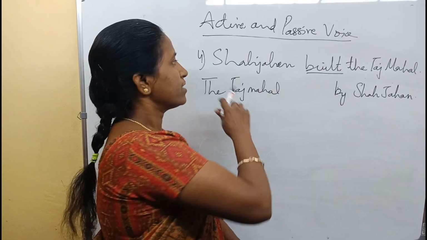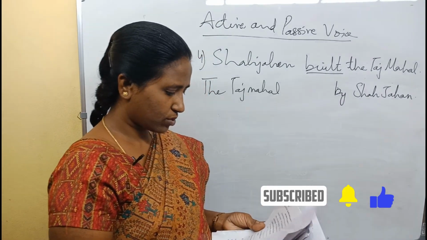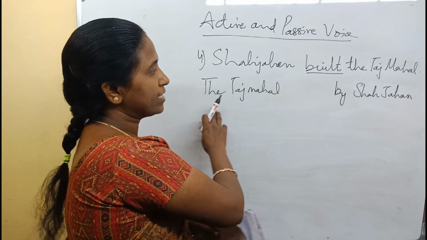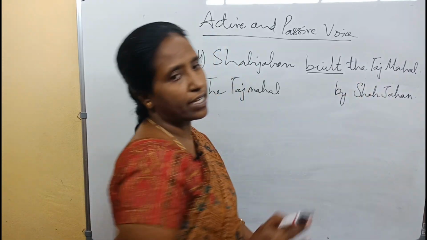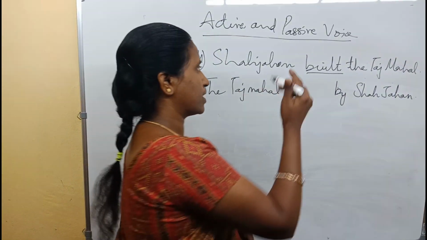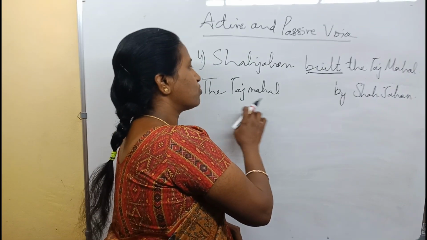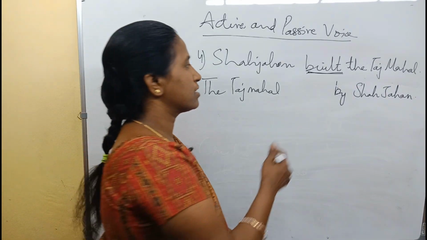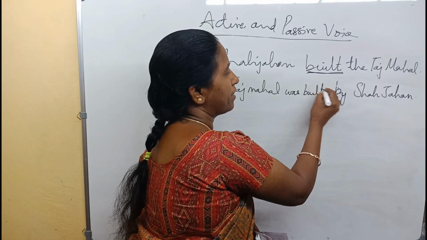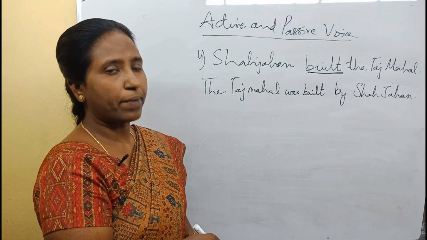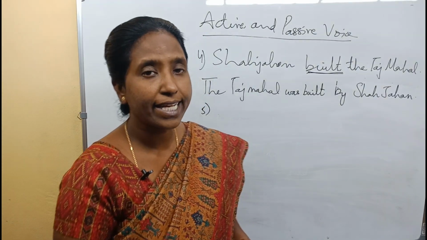Okay. Subject became object. Object becomes subject. Now, look at the verb built. This is in past tense. And look, is Taj Mahal singular or plural? Yes, it is singular. The Taj Mahal was. If it is plural, what will you write? Were. Okay. In past tense, if it is plural, you will write were. And if it is singular, was. Okay. On to the next concept.